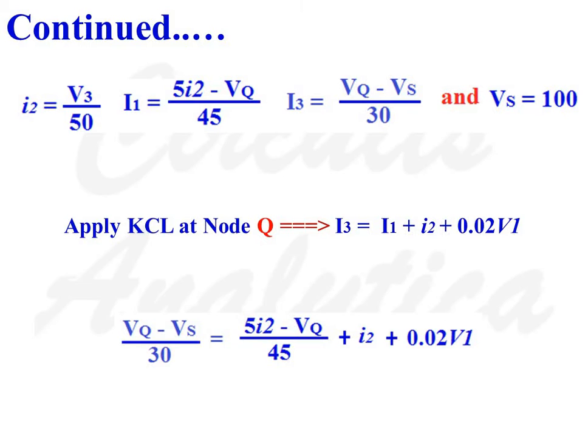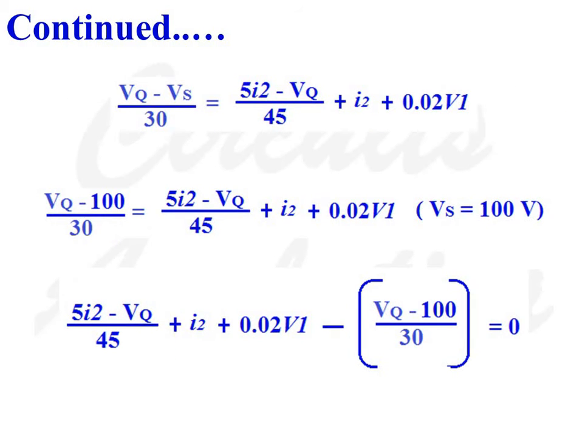Apply KCL at node Q. We can write I3 is equal to I1 plus I2 plus 0.02 V1. So, we can write Vq minus Vs, the whole divided by 30 is equal to 5I2 minus Vq divided by 45 plus I2 plus 0.02 V1.